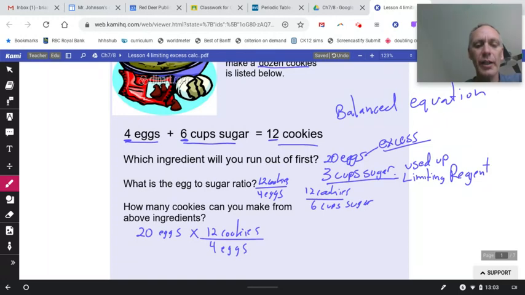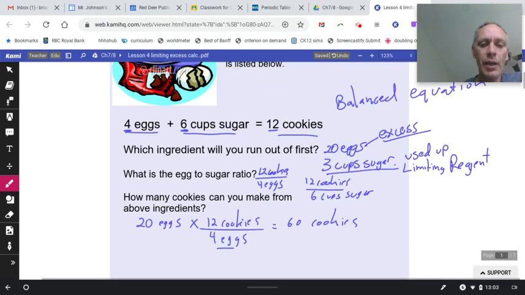Okay, so 20 times 12 divided by 4 is 60 cookies. Okay, hopefully that makes sense to you. If we have 20 eggs, that's enough to make 60 cookies because 4 eggs makes a dozen. So 20 makes 5 dozen or 60 cookies.